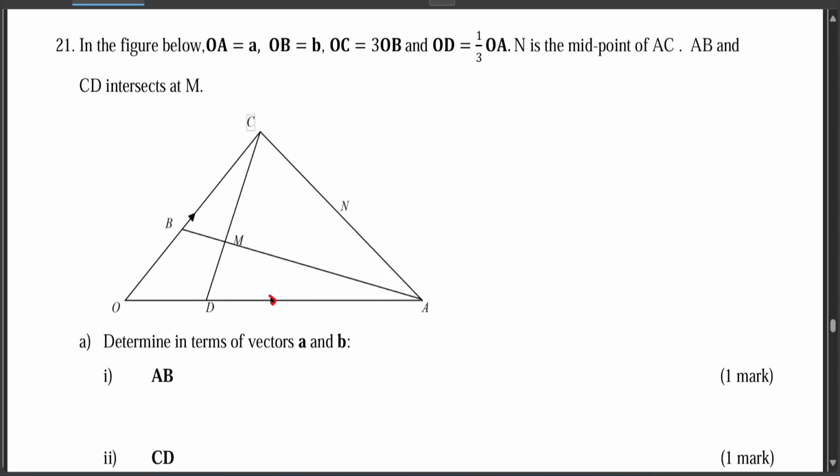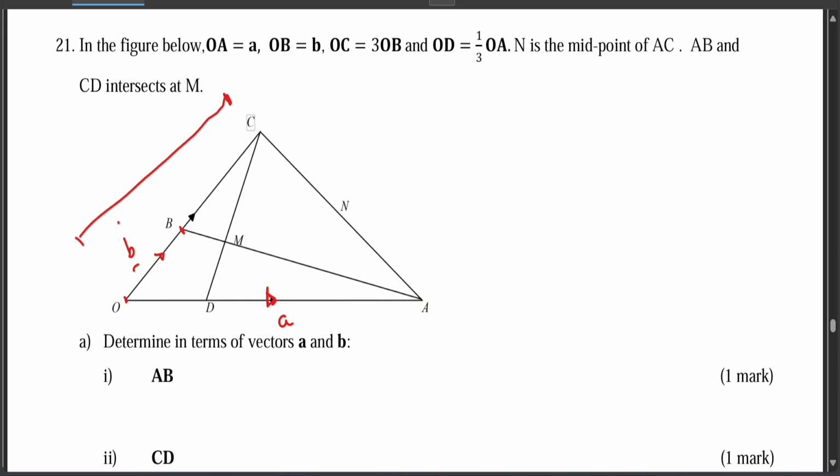The figure below: OA, which is this one, is equal to A. OB, which is this, so it is from here, just OB alone. Don't assume it is OC, it is B. OB is equal to B, OC equal to 3OB. You are told OC, which is from here to here, is 3 times OB.